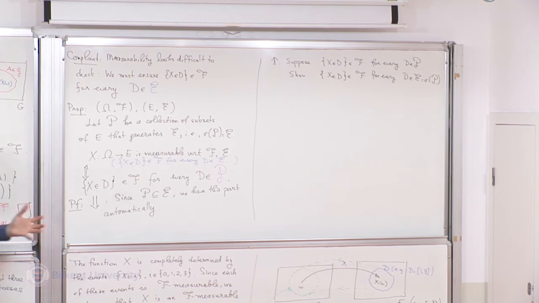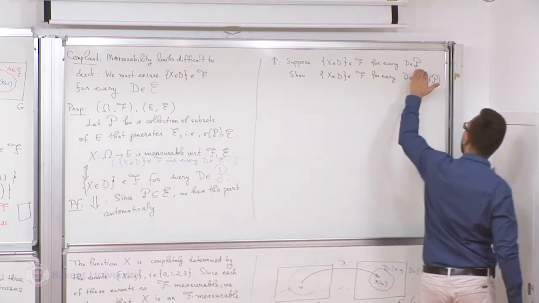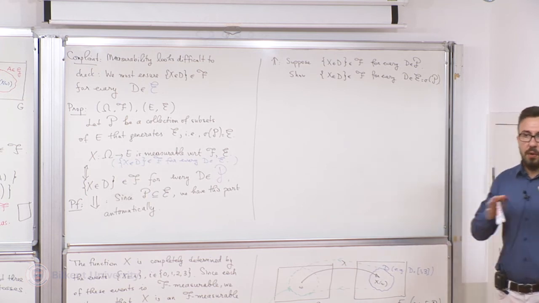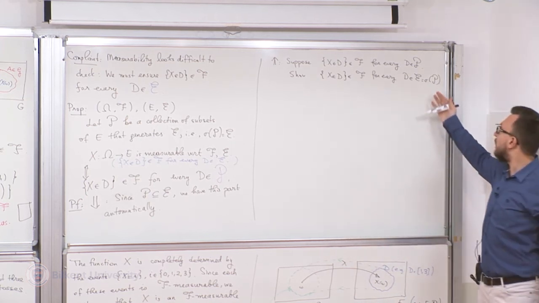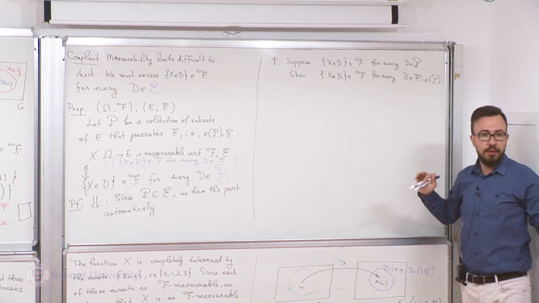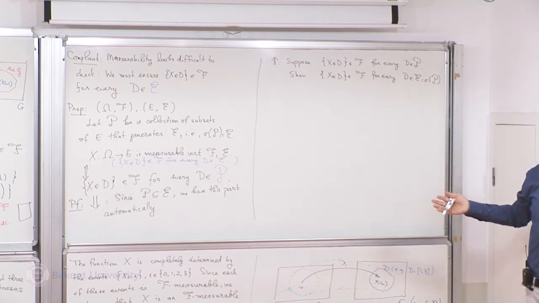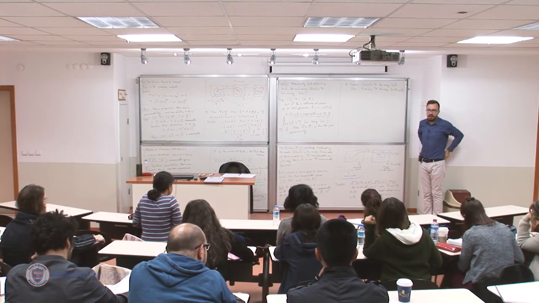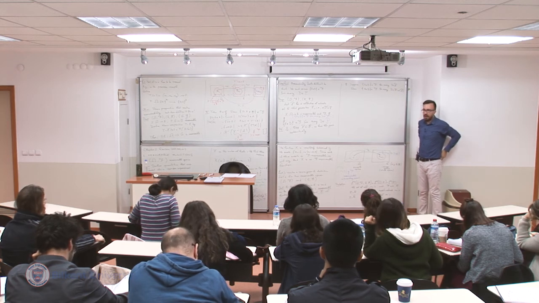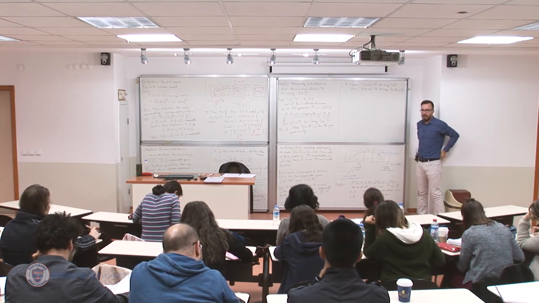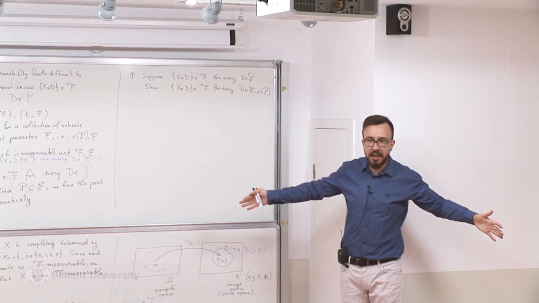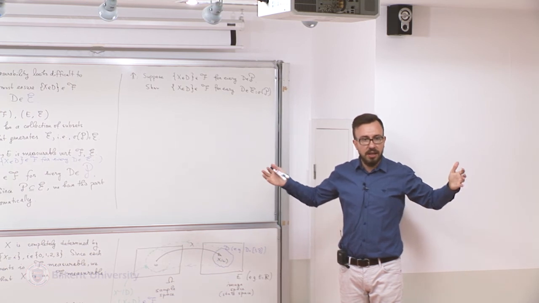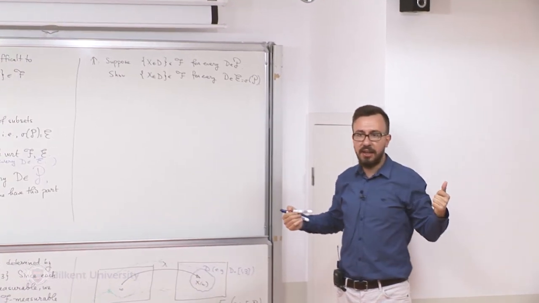You want to show a property which holds for every set in this collection script P. You want to extend this property to the whole sigma algebra generated by script P. So what is the trick? What is the idea that we used last time when dealing with the monotone class theorem? Anybody remembering? So you have a property, and you want to extend it. How would you do that? Any ideas?